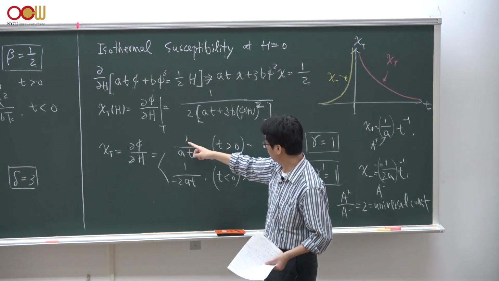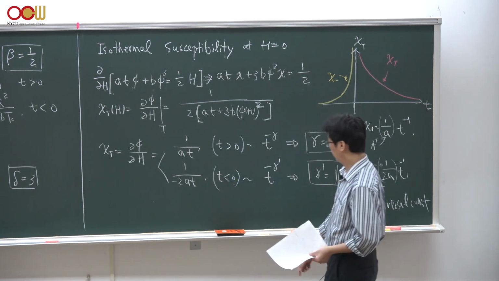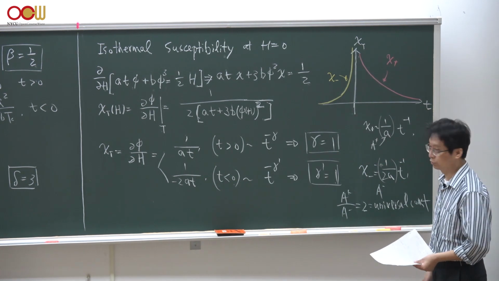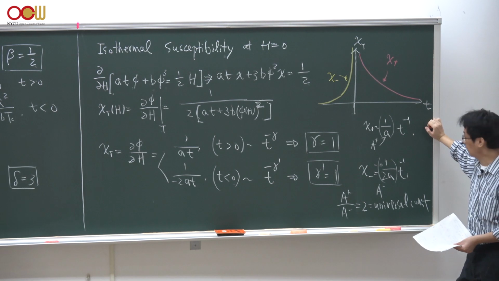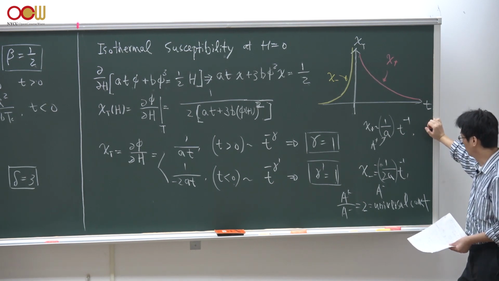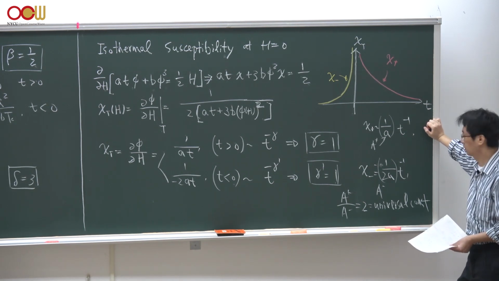For the case above Tc, this is 1 over a. For the case below Tc, this is 1 over 2a. Isothermal spin susceptibility above and below the transition temperature has a prefactor in front of this 1 over t behavior.